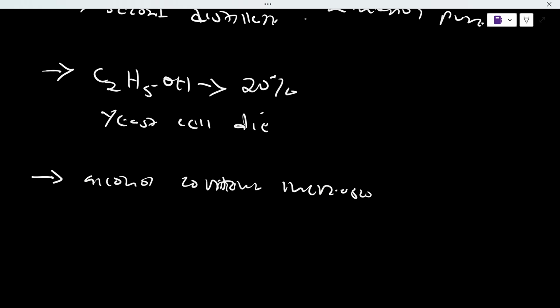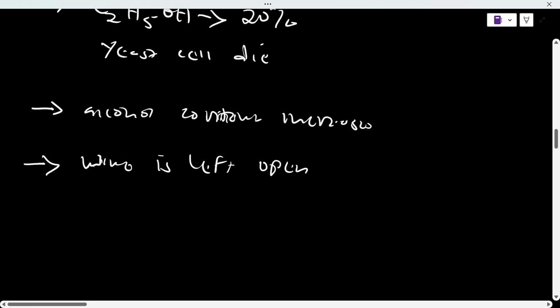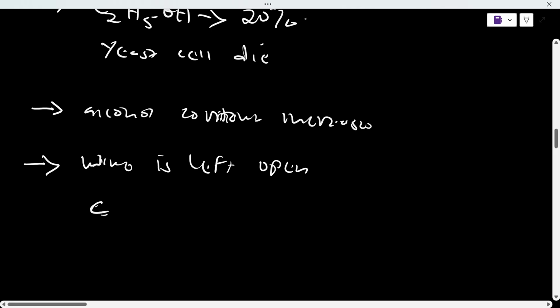Now, a situation might come. What if a bottle of wine is left open for a longer time? When left open for a longer time, oxygen in air will oxidize alcohol to form carboxylic acid.